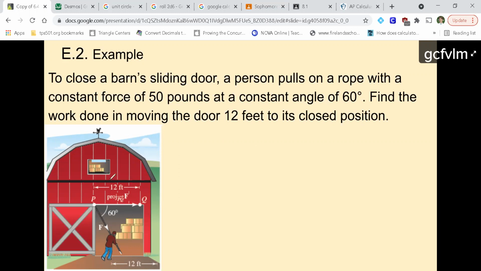We want to find the work that's done to close it, which requires you to move it 12 feet. So in order to do this problem, we're going to find the magnitude of our force, our horizontal component here, or our parallel to the direction we're moving it, and then we're going to multiply that by 12.